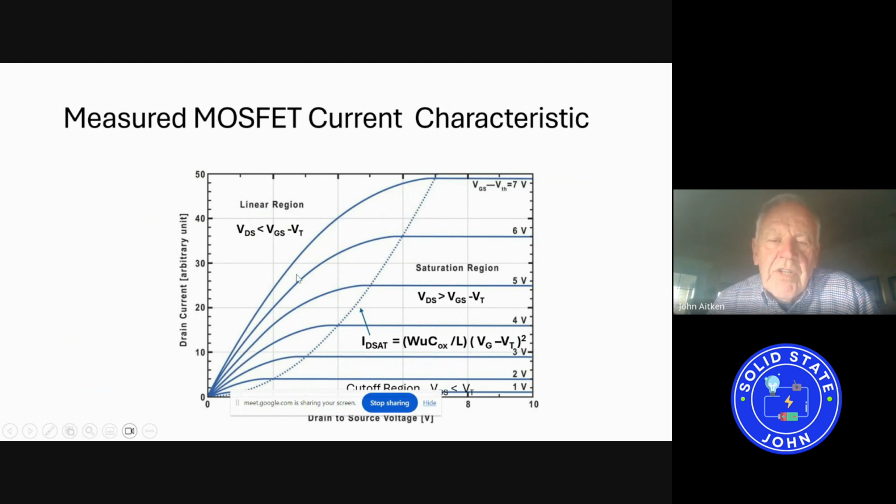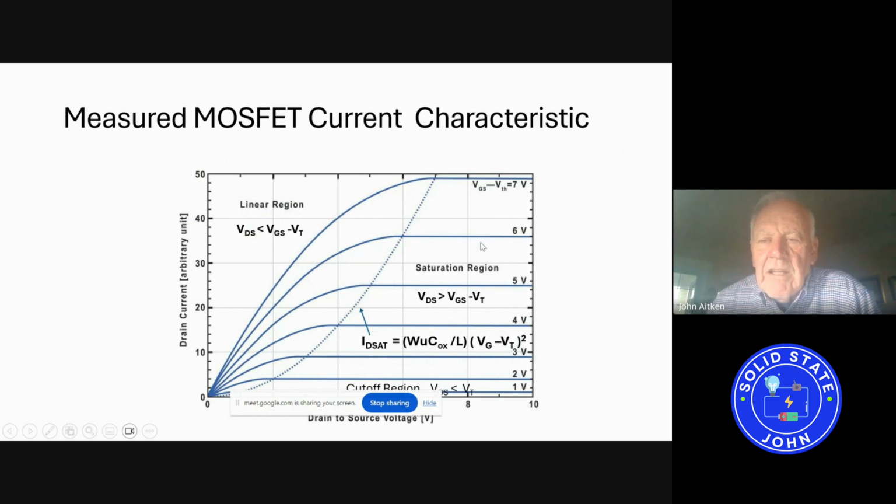As the drain voltage increases beyond that point, it starts curving over because of some narrowing that is occurring in the inversion channel as the drain current is increased.